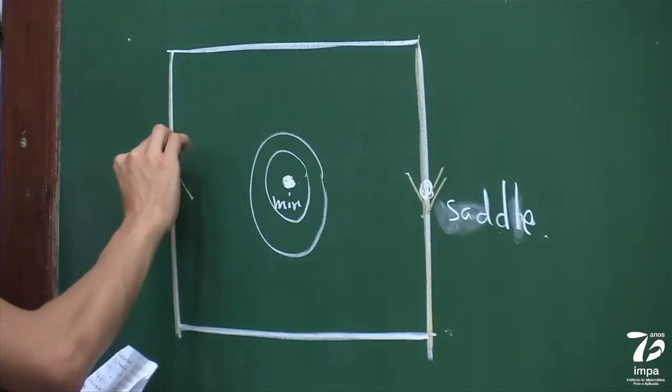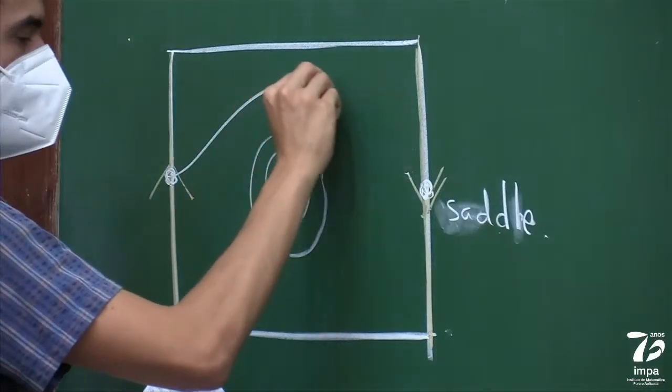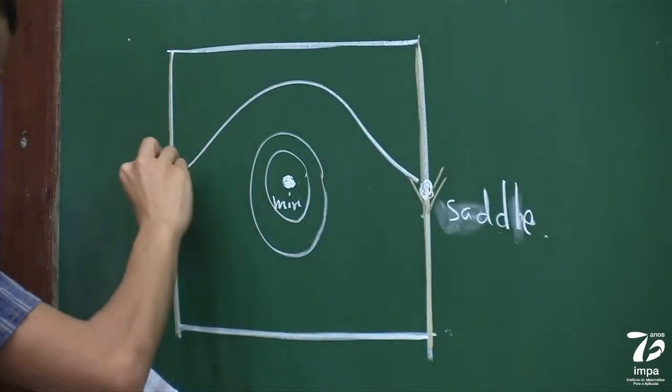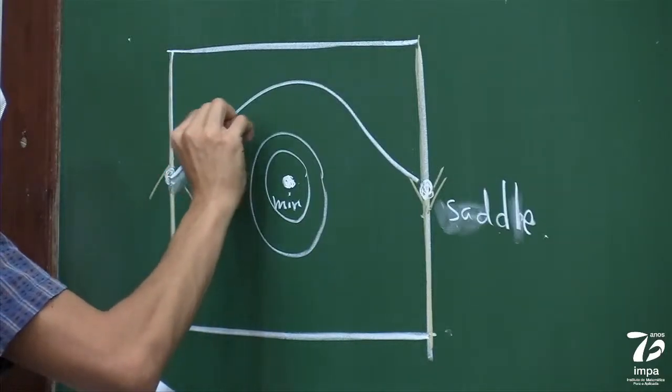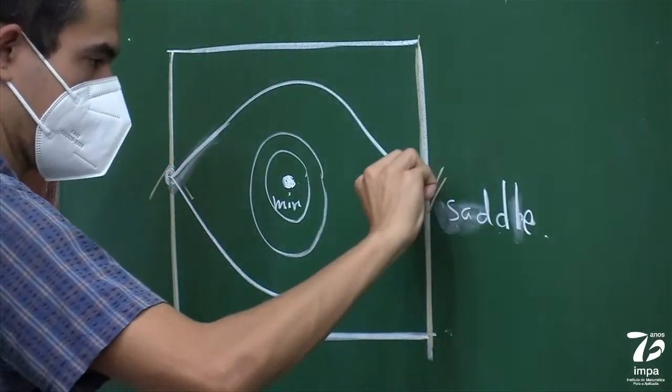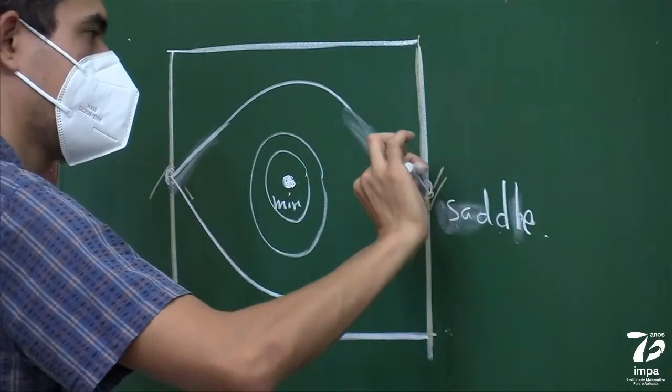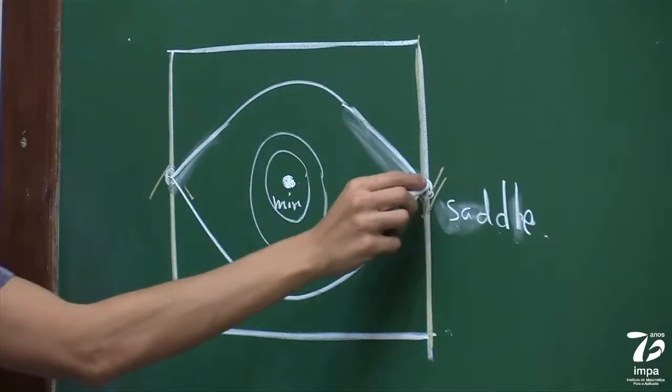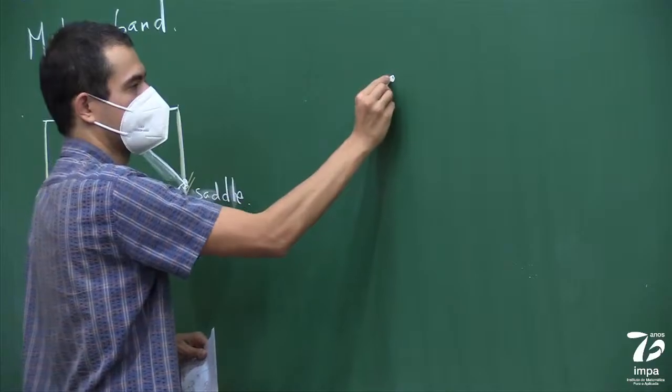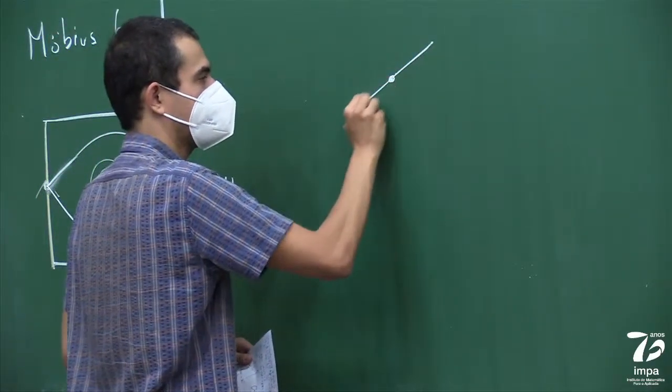So it's going to go like this, and then like this. Okay. So for a saddle, you know that the level curves look like this.